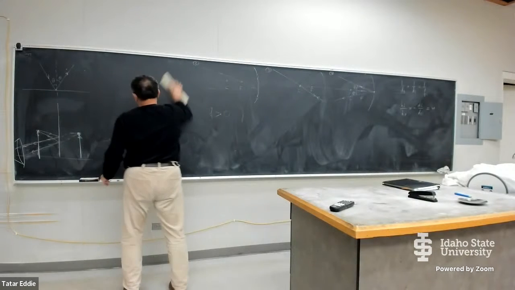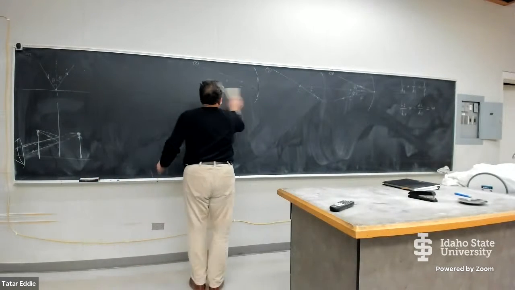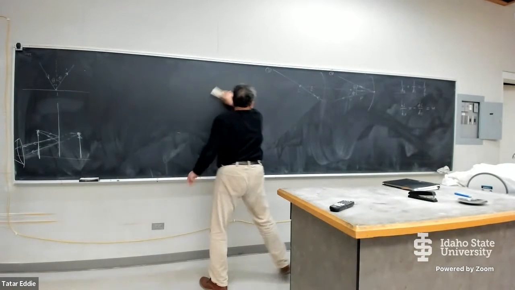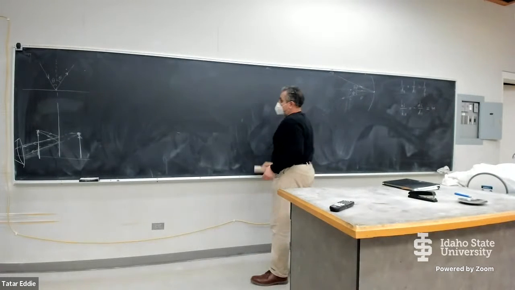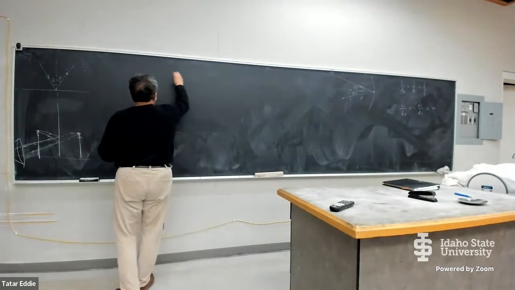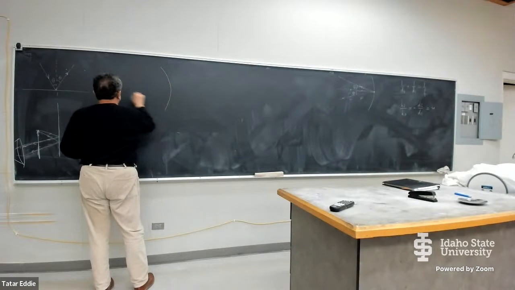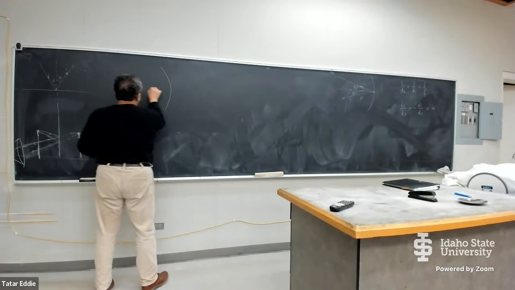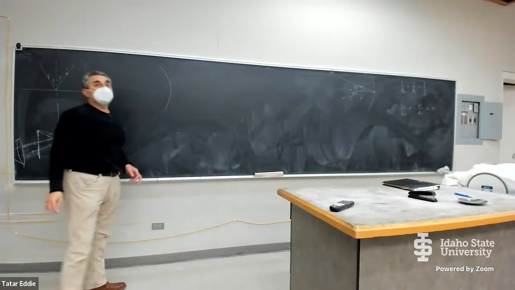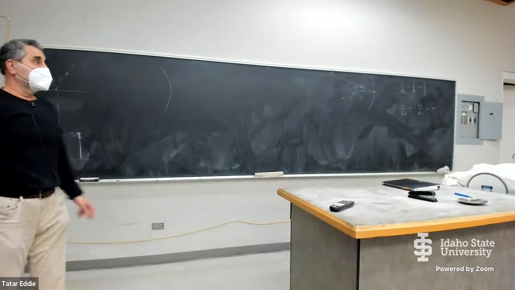Let's say that you have a concave mirror like this one. And here is the principal axis. So you always have to show the principal axis of your optical system.